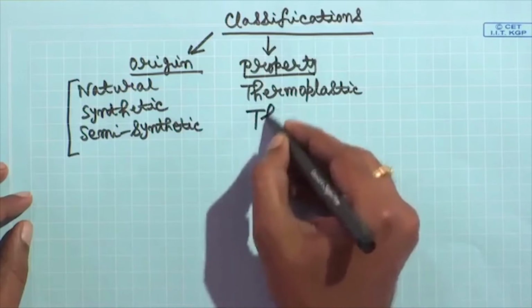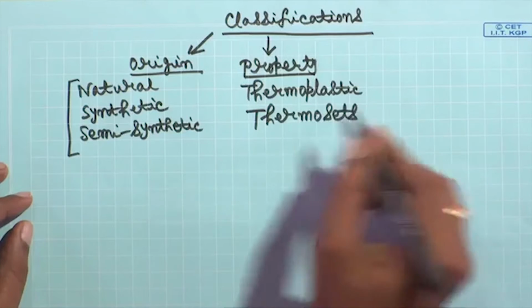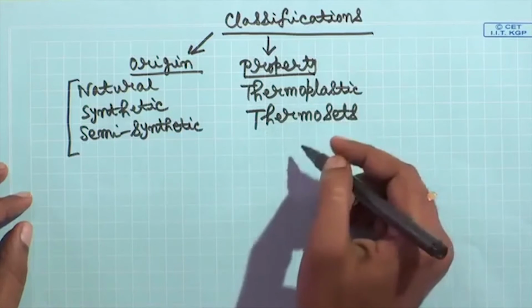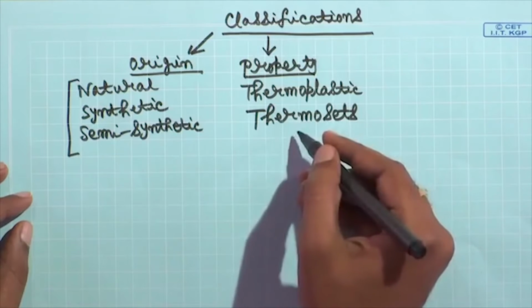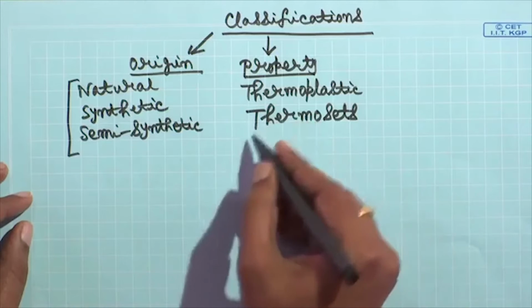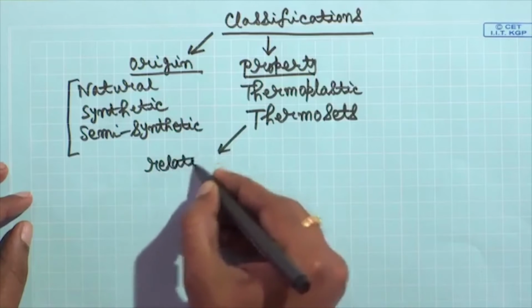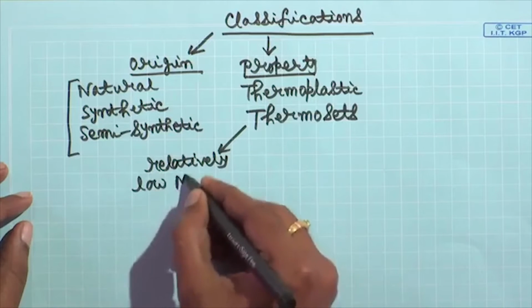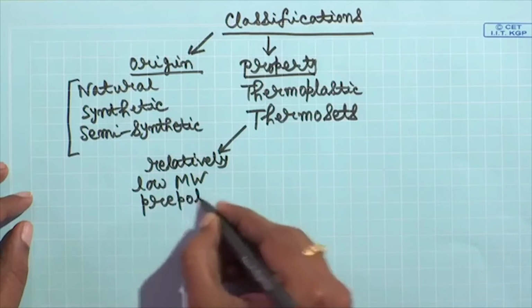Or we could have thermosets. So, typically these are materials with relatively low molecular weight, what you can call a pre-polymer, the starting point is low molecular weight material.